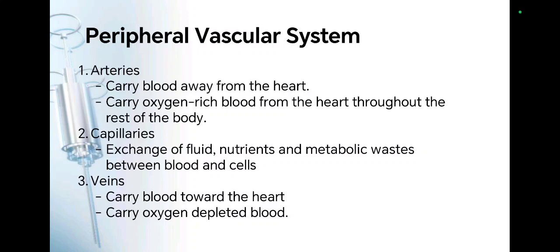These are very tiny blood vessels responsible for the exchange of fluid, nutrients, and metabolic wastes between the cells and blood. The last is your veins. Veins carry blood towards the heart and they usually carry oxygen-depleted blood. However, there is a particular vein that carries oxygenated blood, which is your pulmonary vein. This pulmonary vein receives the oxygenated blood from the lungs and gives it to the left atrium.